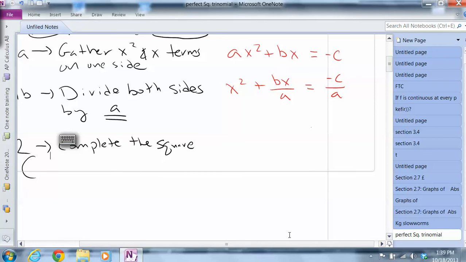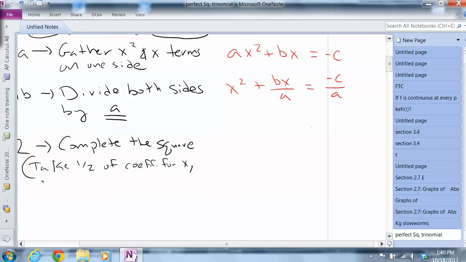Right, so what you want to do is take half of the coefficient for x, square it, and add it to both sides.